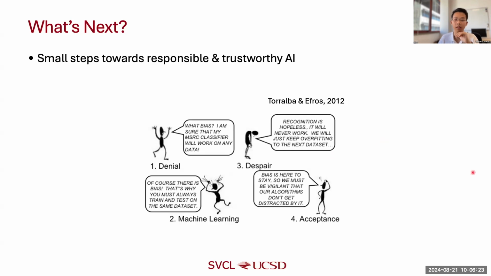I think the field in general will have to loop between having new models, discovering new biases within these new models, and then fixing these biases, and then continue in the loop. And it is exactly in this way that we can make small steps towards responsible and trustworthy AI in the long run.